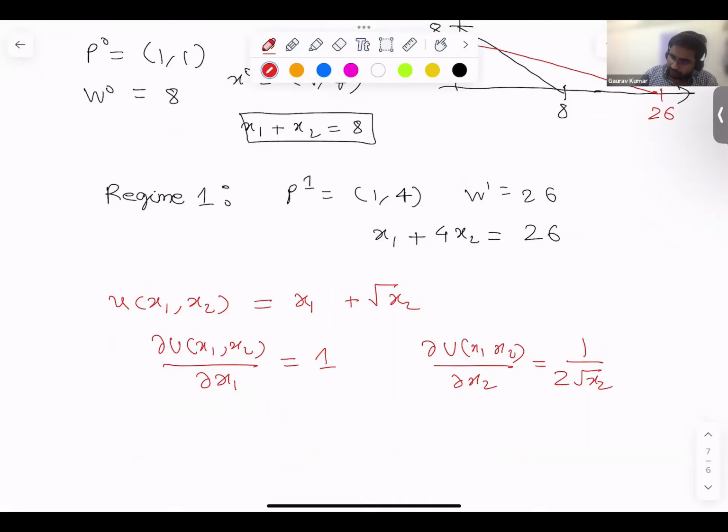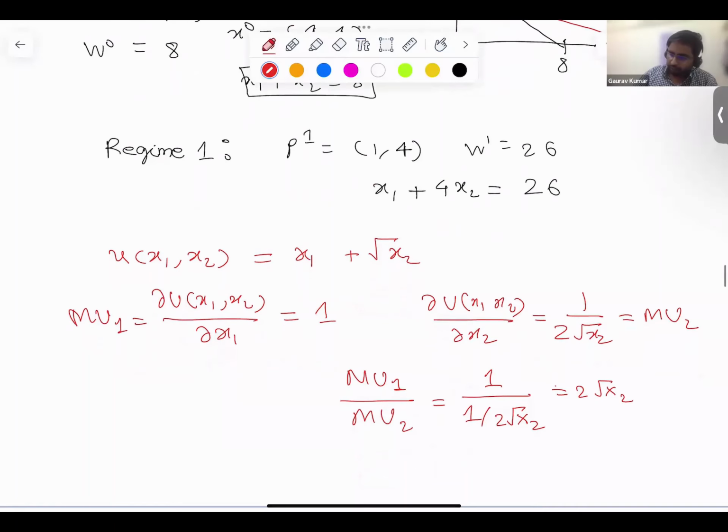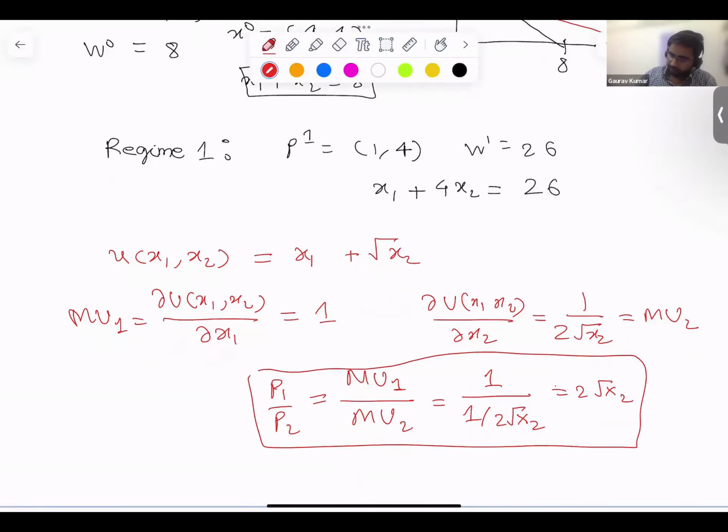Now this is nothing but the marginal utility of good 1 and this is the marginal utility of good 2. So you write it in this form: MU1 by MU2 is equal to 1 divided by 1 by 2 root x2, which is nothing but 2 root x2. And we know that MRS is equal to the price ratio. So we have this with us.